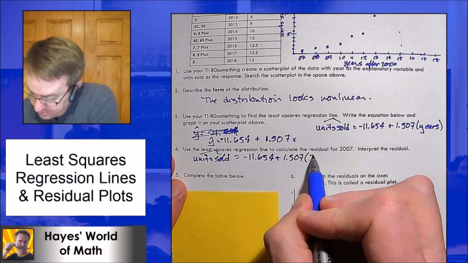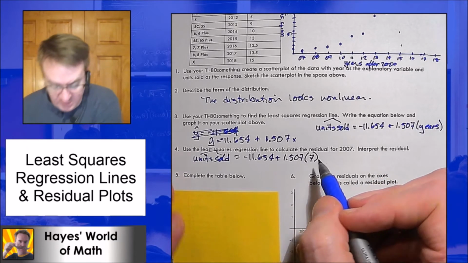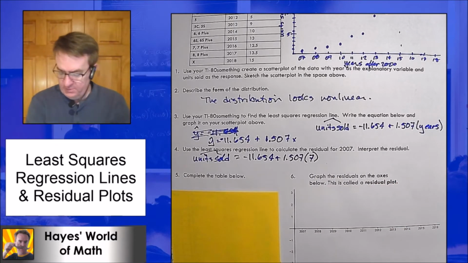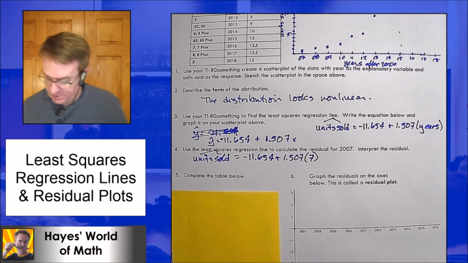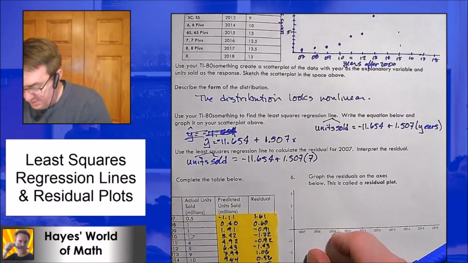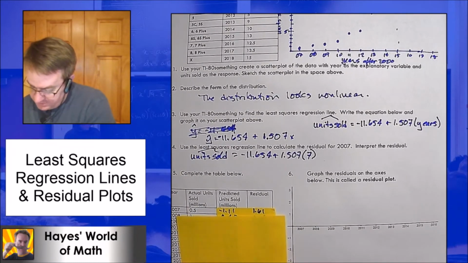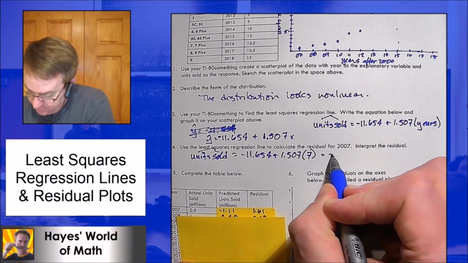I can just tell that you're just like, ooh. So if I type that into my handy dandy calculator, I get, Mr. Hayes, we really should have paused. Actually, I've got them all down here. So for year 7, I get a negative 1.11.